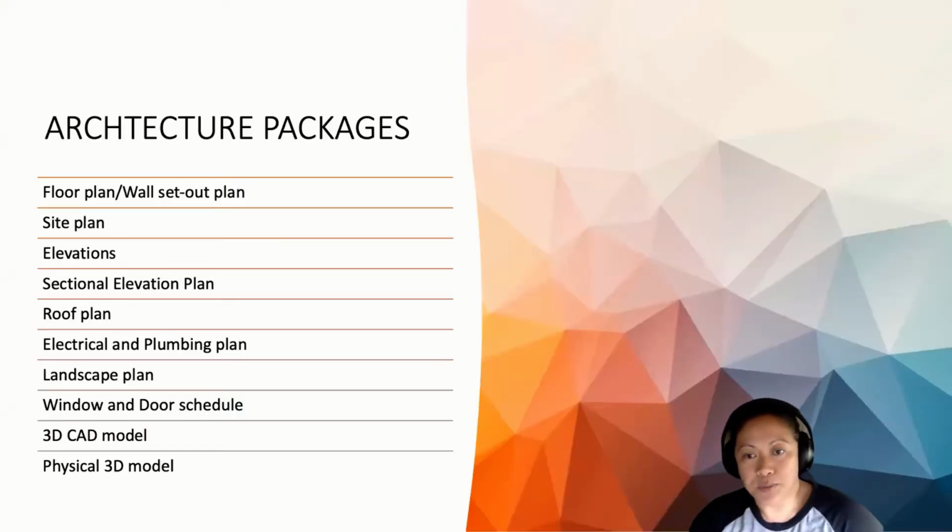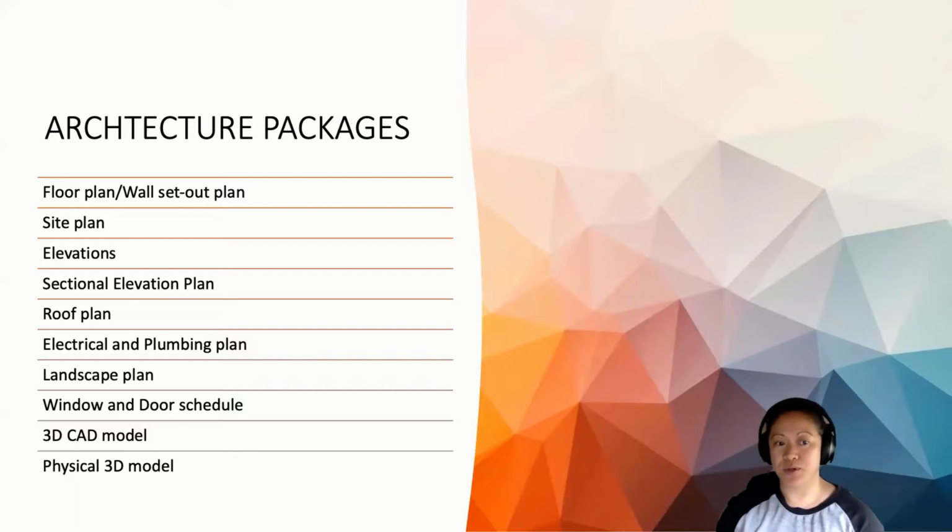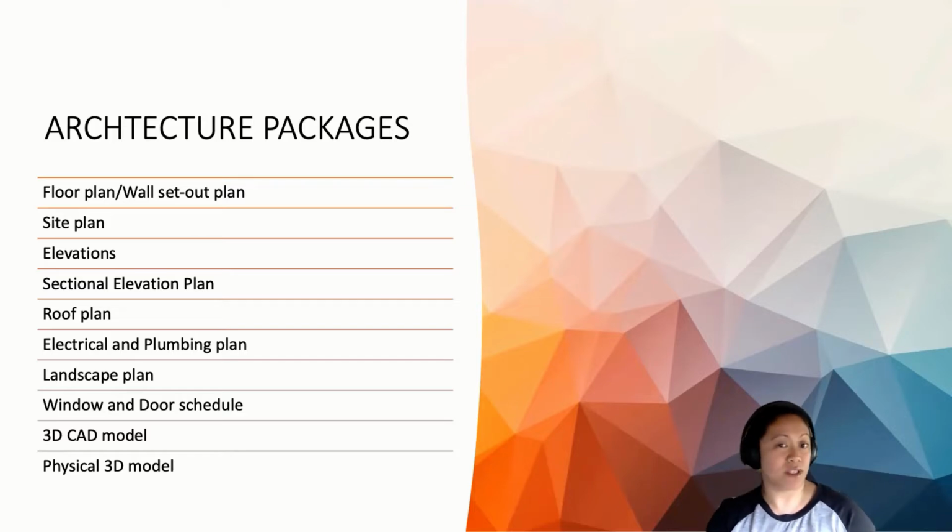So with architectural packages, we pretty much know a majority on that list. We are aware that there are going to be floor plans, or sometimes you can call it wall set-out plans. It depends on, I guess, the detail of the package that you're asking for.